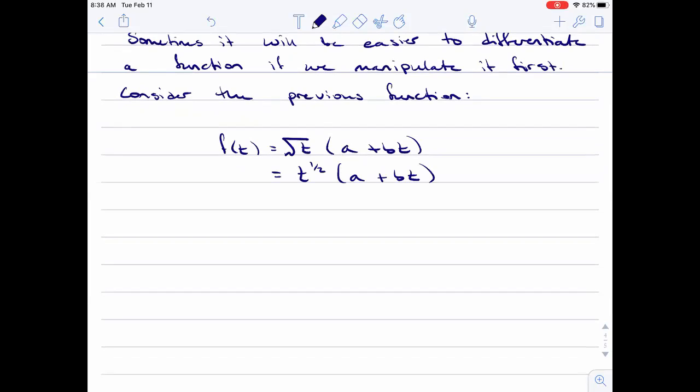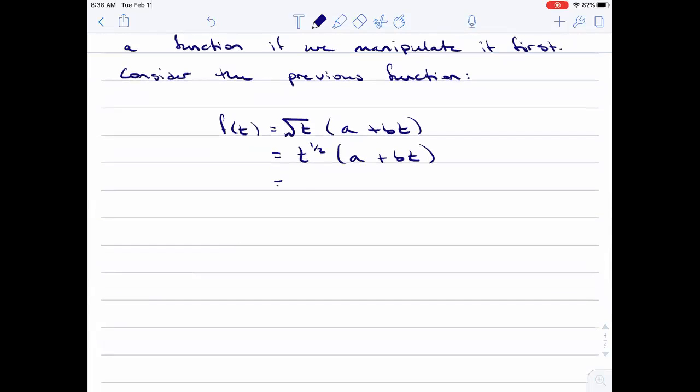Then I can bring in that t to the 1/2. I get a times t to the 1/2 plus b times t to the 1 times t to the 1/2, just to emphasize that I'm bringing it in, which is a t to the 1/2 plus b t to the 1 plus 1/2, t to the 3/2.